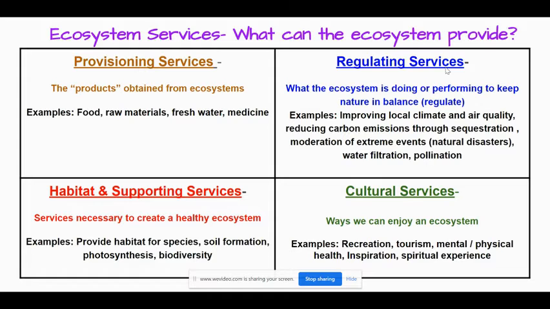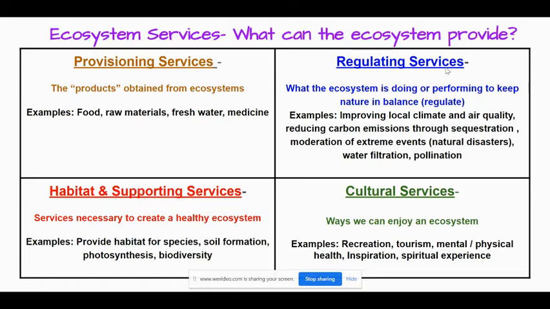Sequestration basically means taking carbon dioxide out of the air and storing it, whether it's stored in the soil, or in the roots and stems of plants or trunks of the trees. It's helping regulate our climate by pulling out those excess carbon dioxide molecules that we have put into the air.